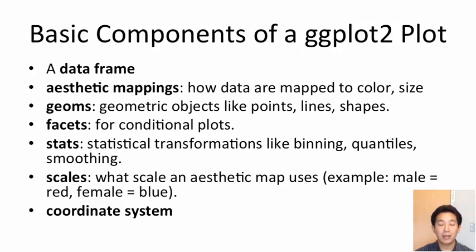So, for example, you might have a binary variable that represents sex, so the males will be red and the females blue or something like that. That is a scaling for a particular type of dichotomous variable. And lastly, you need a coordinate system, which we won't focus on too much in this lecture, but you need a coordinate system that tells you how certain numerical representations get translated onto a plot.